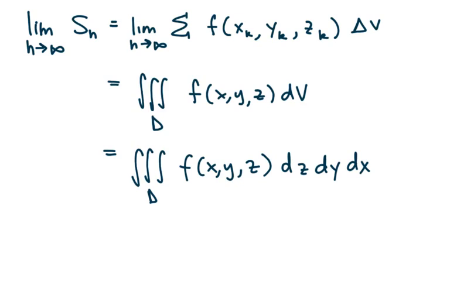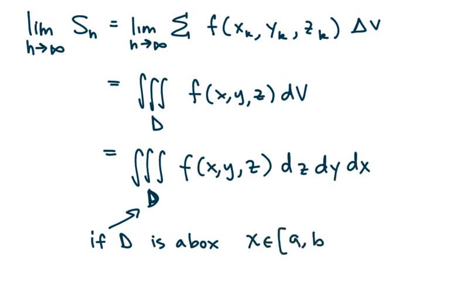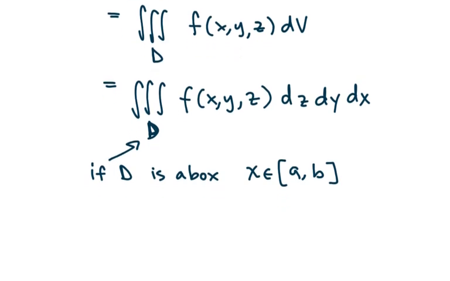And so if we think about this D region here, if that D, that solid, is a box, then we would have x between some a and b values. We'll have our y between c and d, so this makes sense. And I bet you can guess what I'm going to use for my z. We'll say between e and f.